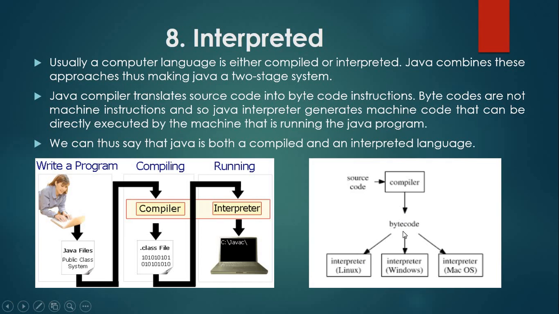It means if you want to execute this bytecode on Linux, Windows or Mac OS, then after the bytecode your JVM, Java virtual machine, will come into the picture, and that will run this bytecode, converting it into machine code, and after converting into machine code you can execute it on your operating system. Means Java uses both compiler and interpreter.